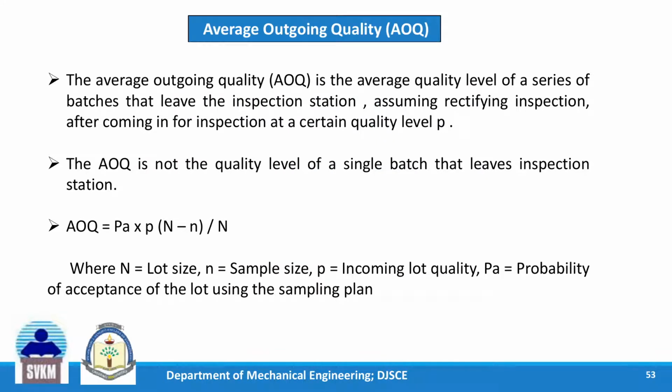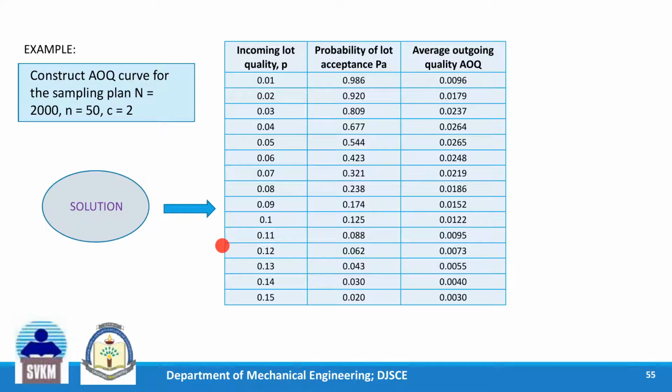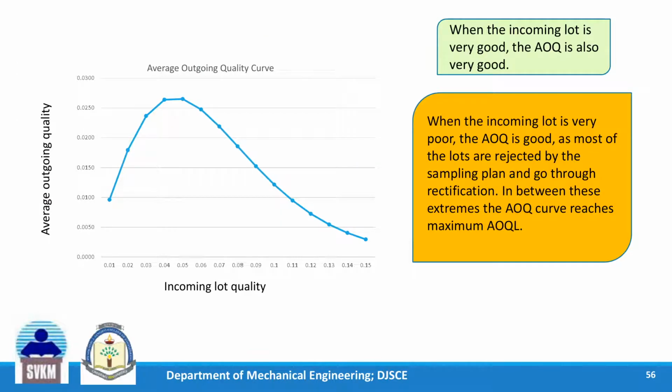For average outgoing quality, we are going to use the equation from the earlier slide: probability of acceptance times fraction defective times the bracket capital N minus small n by capital N. Using this formula we will find the average outgoing fraction defective in this column, and then we are going to plot a graph or chart of this.